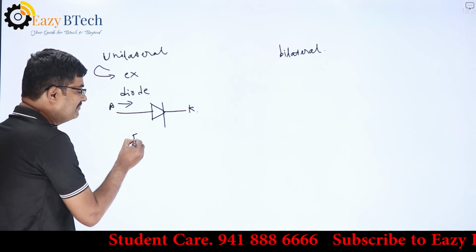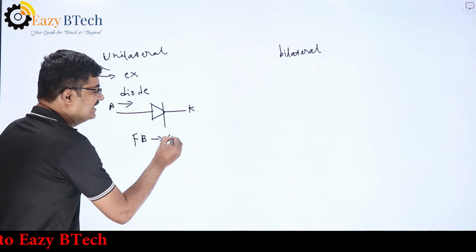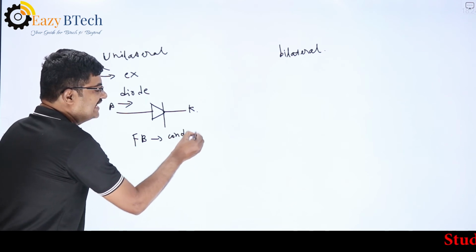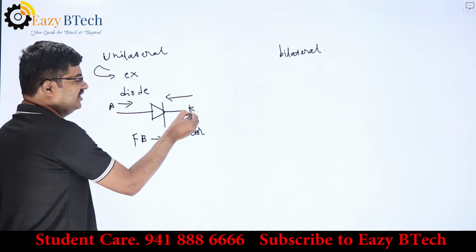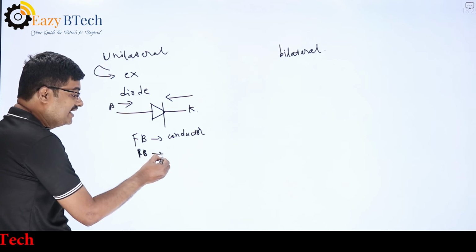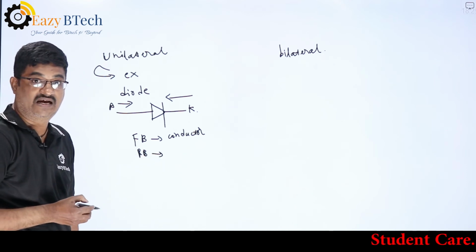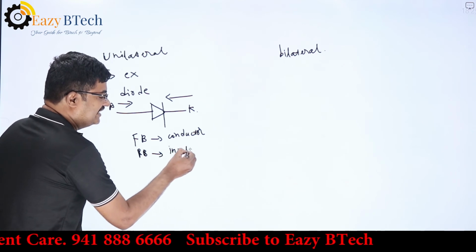So in forward bias, when it is allowing the current to flow, it is acting as a conductor. In reverse bias, when the current is flowing from cathode to anode, it is not allowing the current to flow. That means it is acting as an insulator.